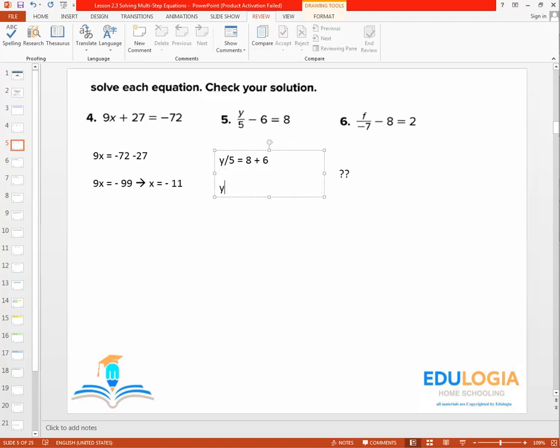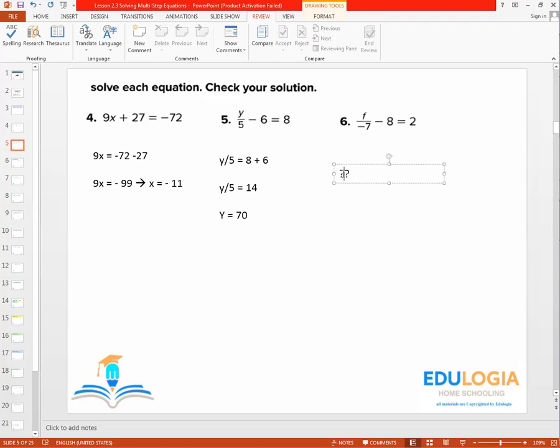So we have y over 5 equals 8 plus 6, which is 14. We have multiplication here, because it's a division case. To get the value of y, we have to multiply 5 times 14. 5 times 14 is 70.